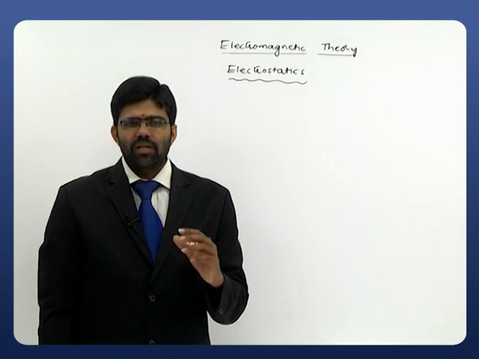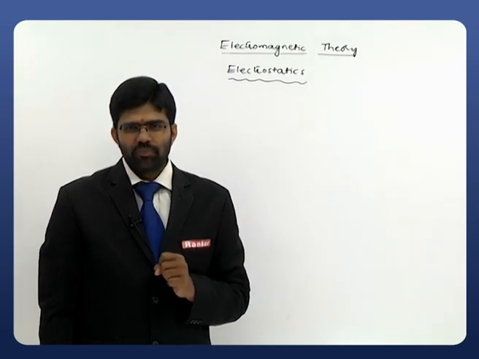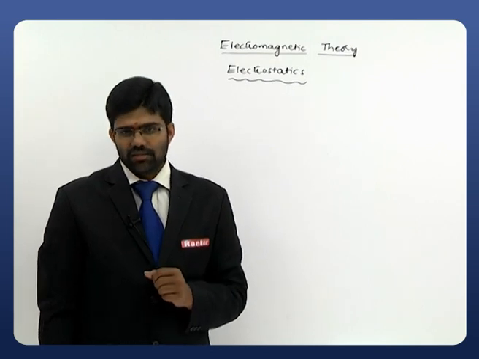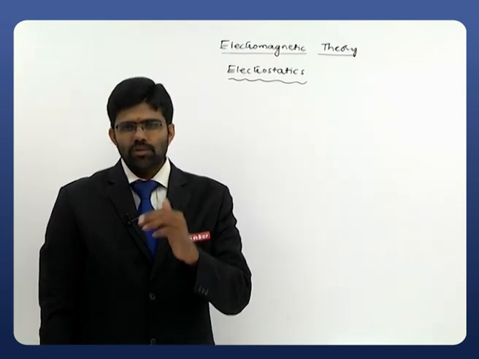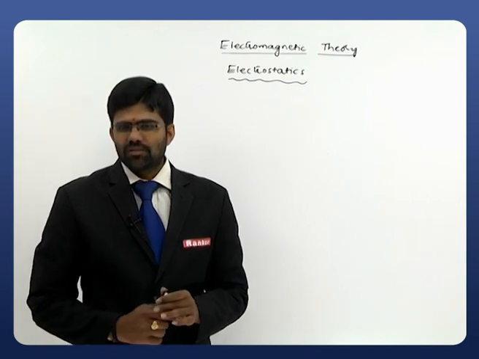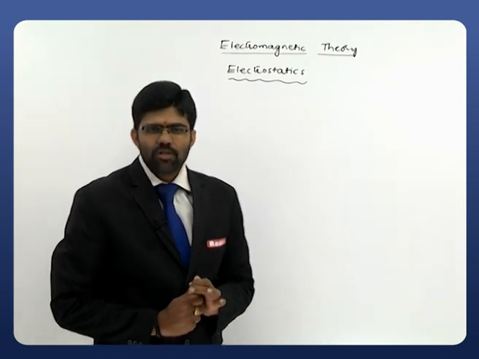Before that, we will define the different types of charges we have. Apart from the charge we are discussing, we have many types of practical charges, so we need to learn about all those charges initially. We will start our discussion with types of charges. What are the different types of charges we have?